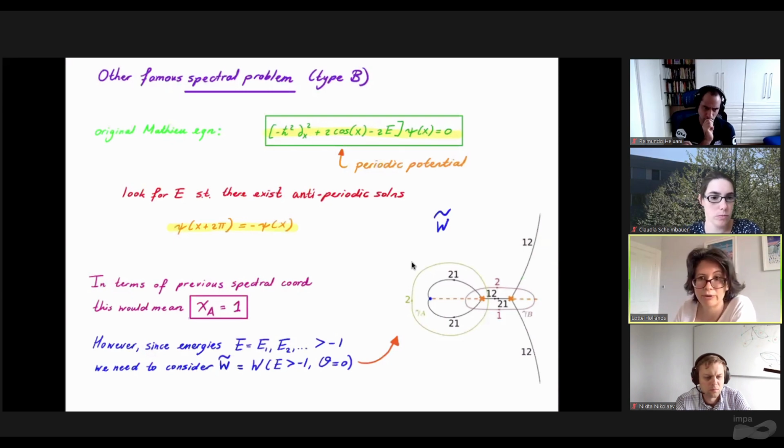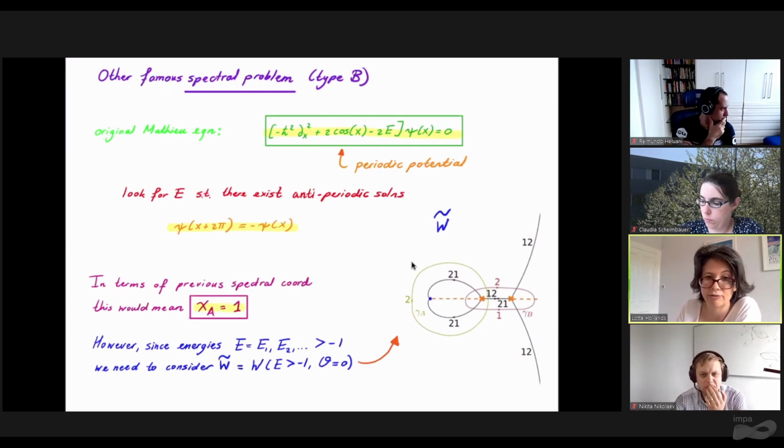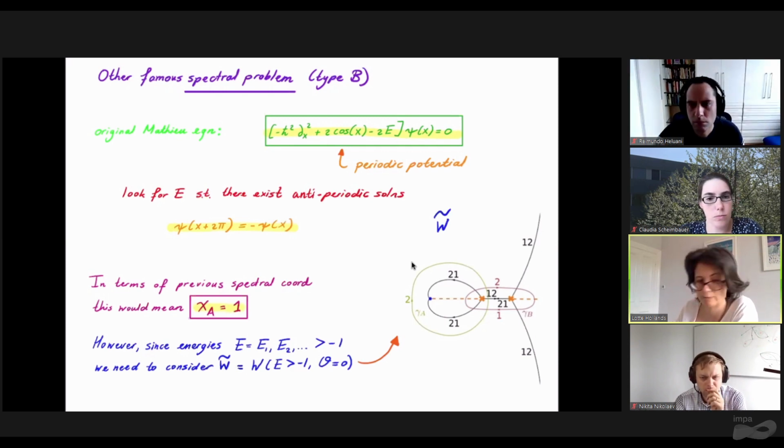In terms of the previous spectral coordinates, that would really mean that XA is restricted to 1. However, XA were really the eigenvalues of the monodromy, and this minus sign is some artifact of some square roots.